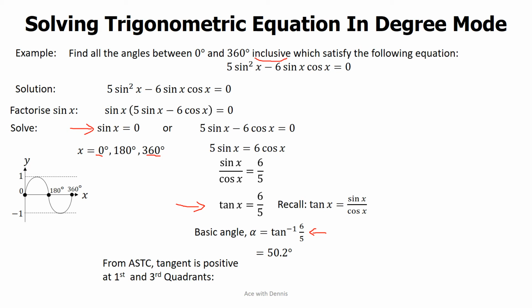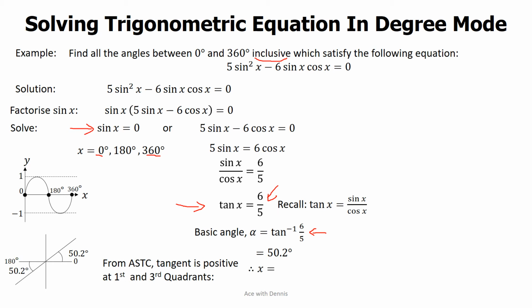So from the ASTC, tangent is positive, right? Look at here, tangent is positive. So it is in the first and the third quadrants. Okay, now we can draw the quadrant diagram. The first and the third quadrant, right? Best angle is here, 50.2 degrees, and here, 50.2 degrees. Okay, it's 0 to 180 degrees here.